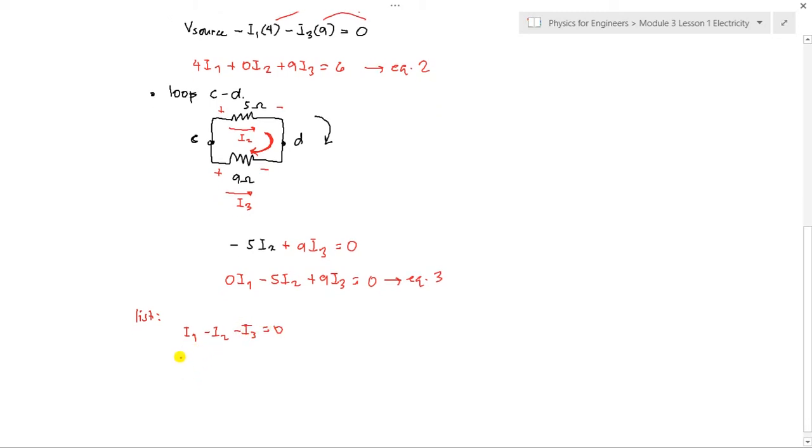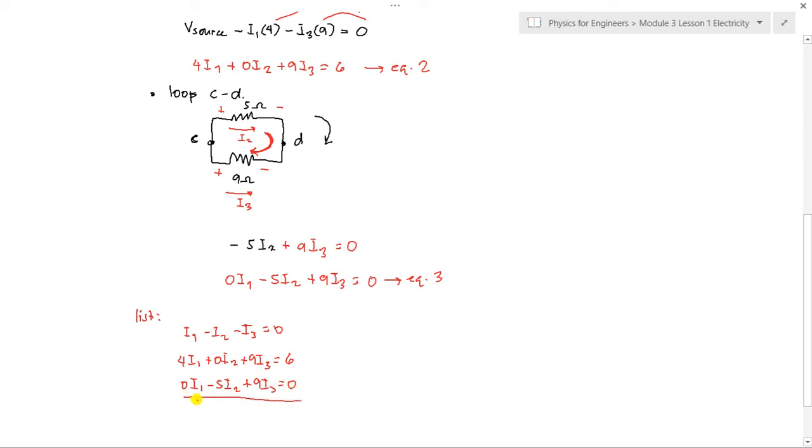The next one is 4 I1 plus 0 I2 plus 9 I3 is equal to 6. We have 0 I1 minus 5 I2 plus 9 I3 is equal to 0.